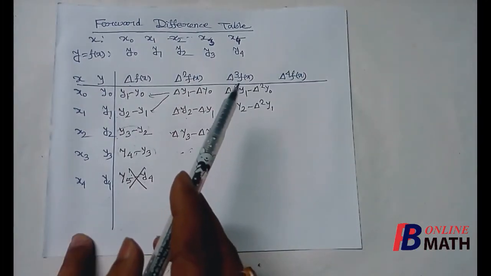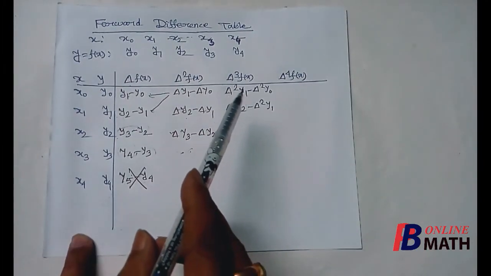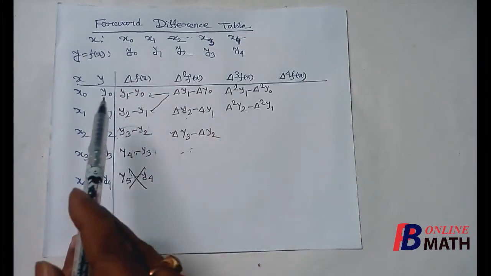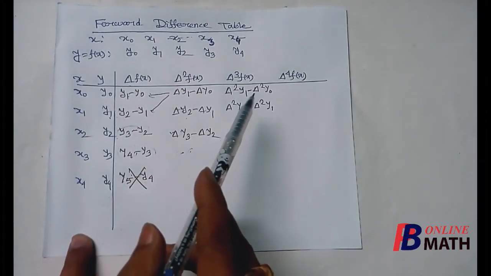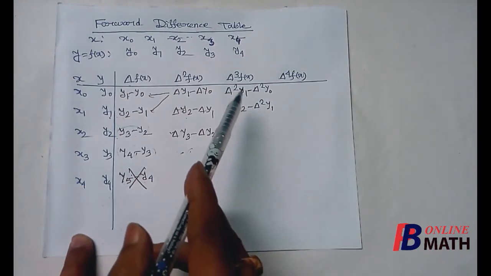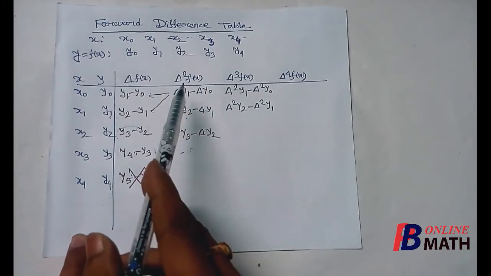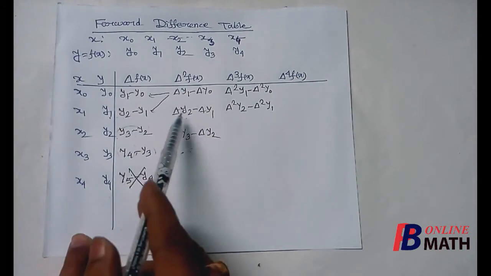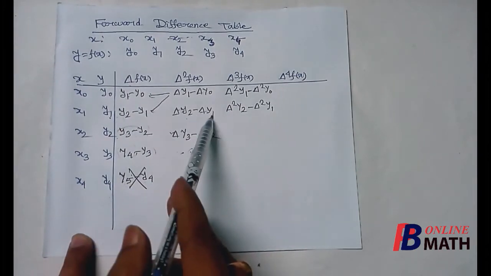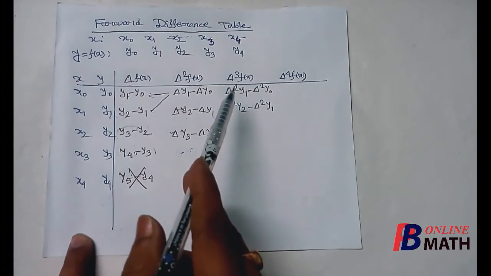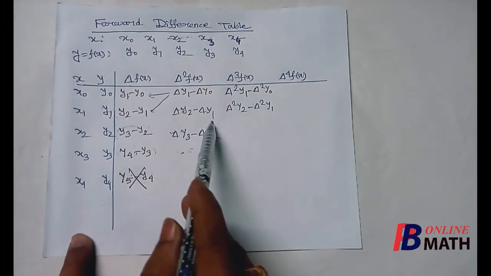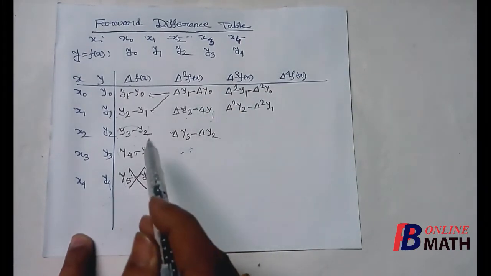Next, we want to calculate third order forward differences. So this is delta cube y0, and by the formula it is delta square y1 minus delta square y0. Now how to find delta square y1? Now this is delta square, this is y1, so this value is delta square y1 and this is delta square y0. So to compute this value, we need to find this value minus this value.